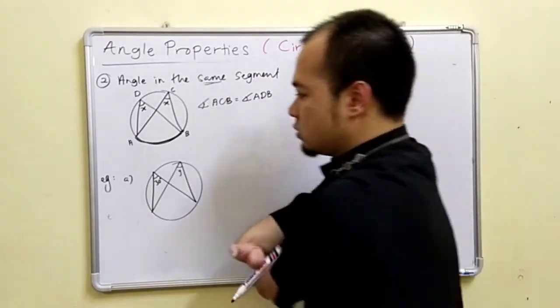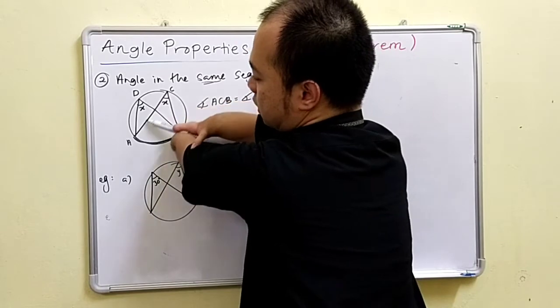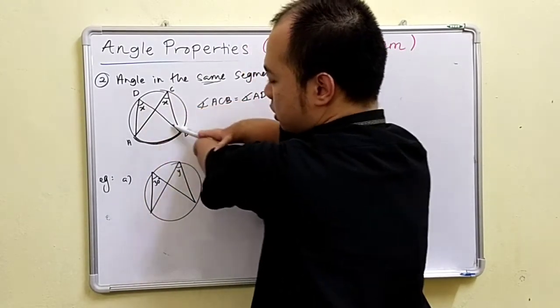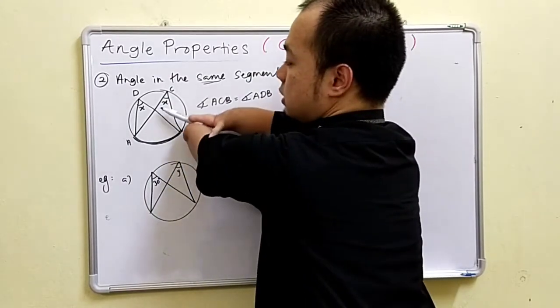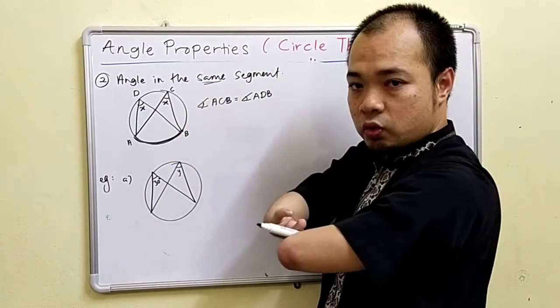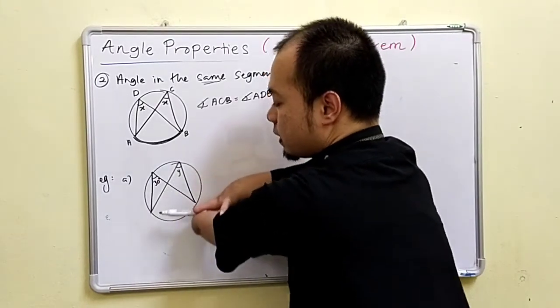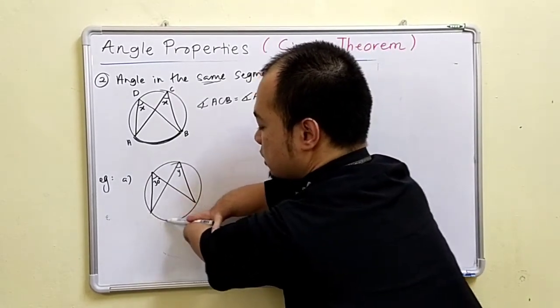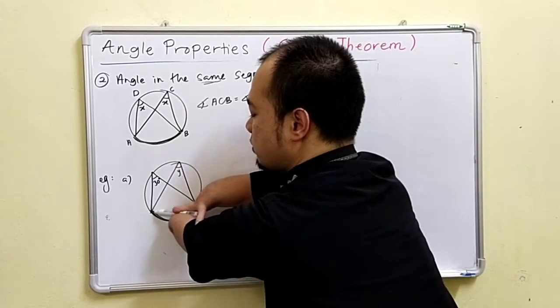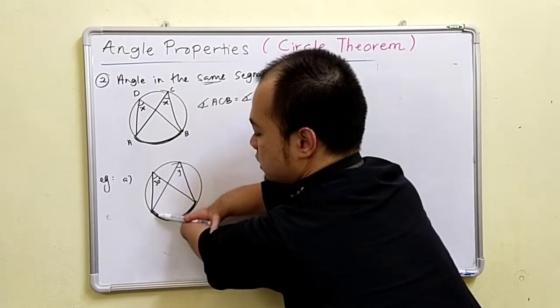One more thing you must remember, if you look over here, the intersection between the line AC and the line DB is not necessarily the midpoint or the center of the circle. No, it can meet anywhere as long as it's coming from the same segment. Identify which segment they are using. So this is the segment.